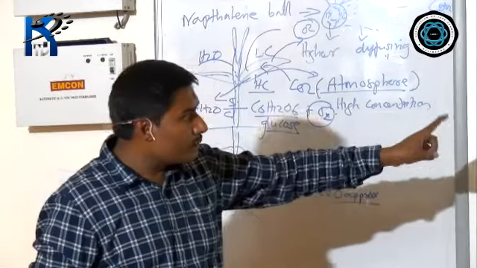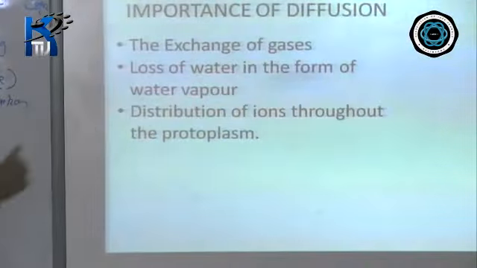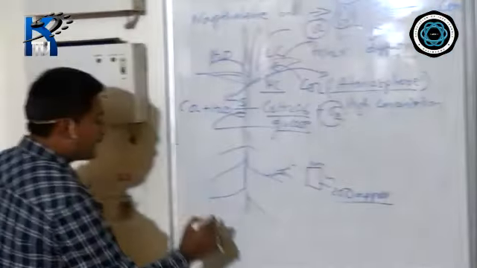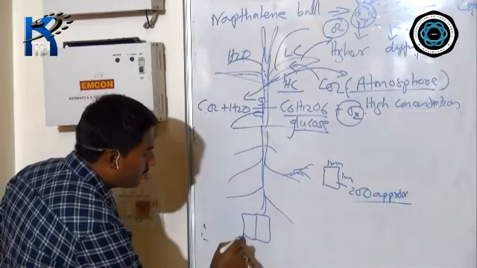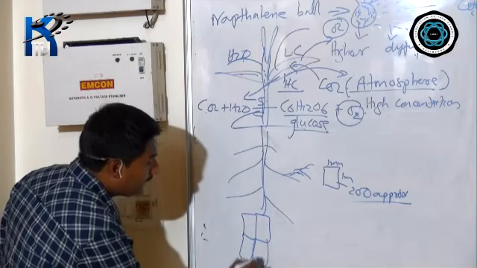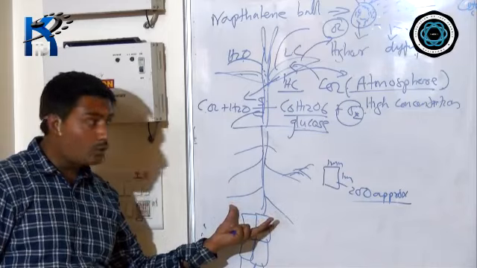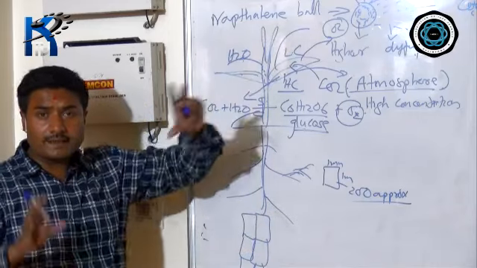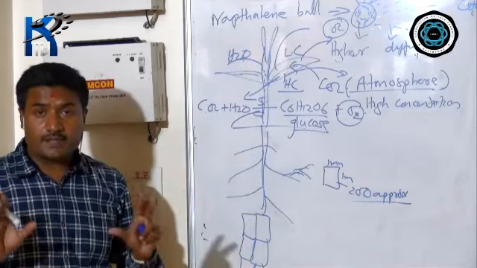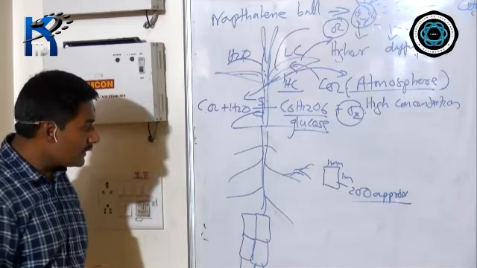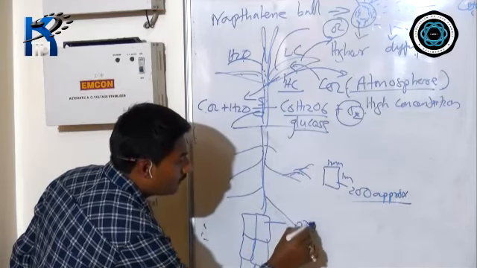Another one: distribution of ions throughout the protoplasm. Each and every part of the cell in the plant, each root hair, each part of the root system, shoot, leaf, flower, each and every part of we living organisms is made up of cells. And you have to understand the protoplasm.